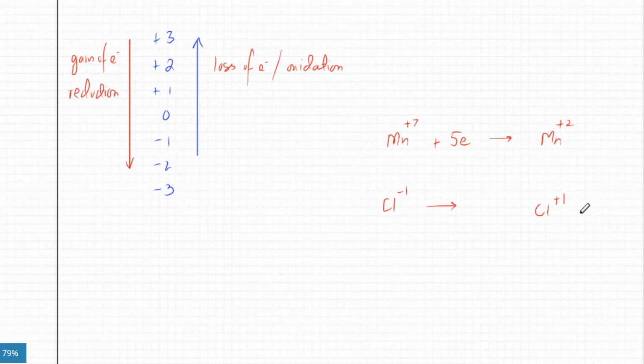And how many electrons are lost? Two. Okay, so 2 electrons are being lost. So just remember that. You have to mentally think of this.